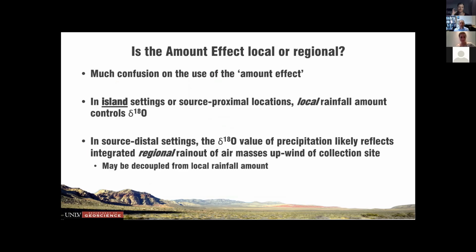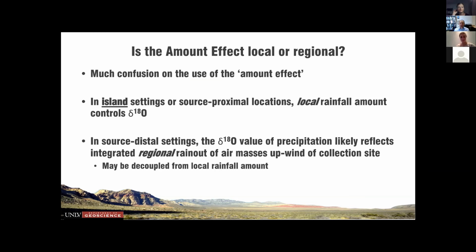Now, what we've learned, though, in really the last 10 or 15 years or so, is that when we talk about the amount effect, we have to be very careful about what we're referring to. It was originally described at a location, say, when it rains more at my field area, the values are lower. But what we're starting to find is that what's more important is rainfall amount on a regional basis.